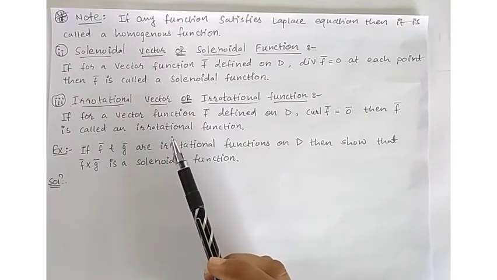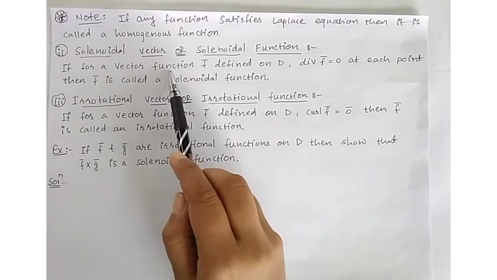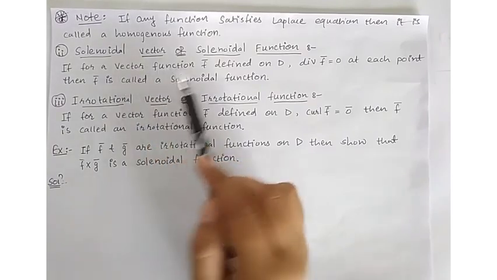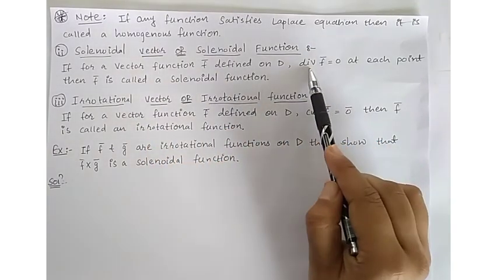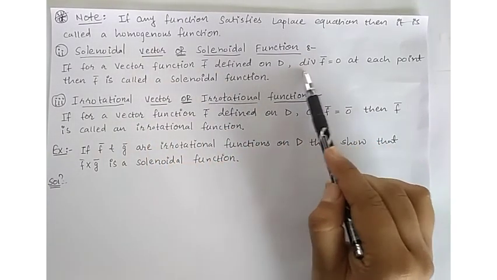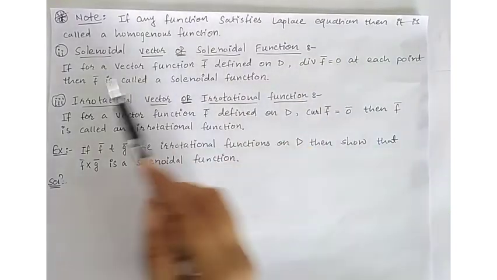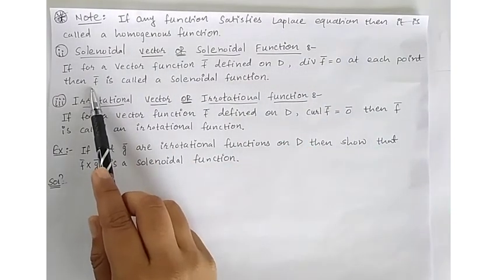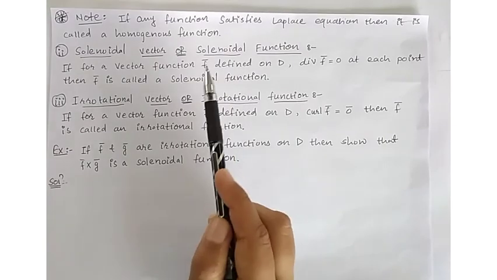When I am saying that function f bar is solenoidal, take its divergence, and if the divergence is 0, then this function f bar is a solenoidal function.